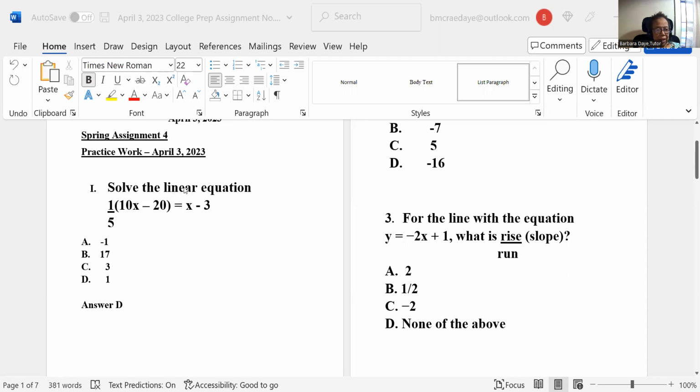That means when you plot on a coordinate grid, the x on the horizontal and the y on the vertical, and you join those points together, you'll get a straight line. Now, to solve this, we actually simplify the parentheses.